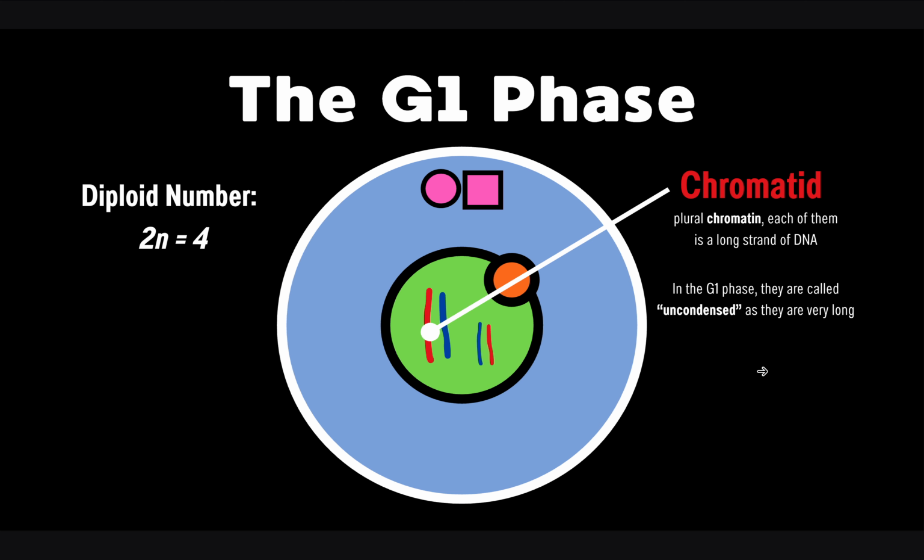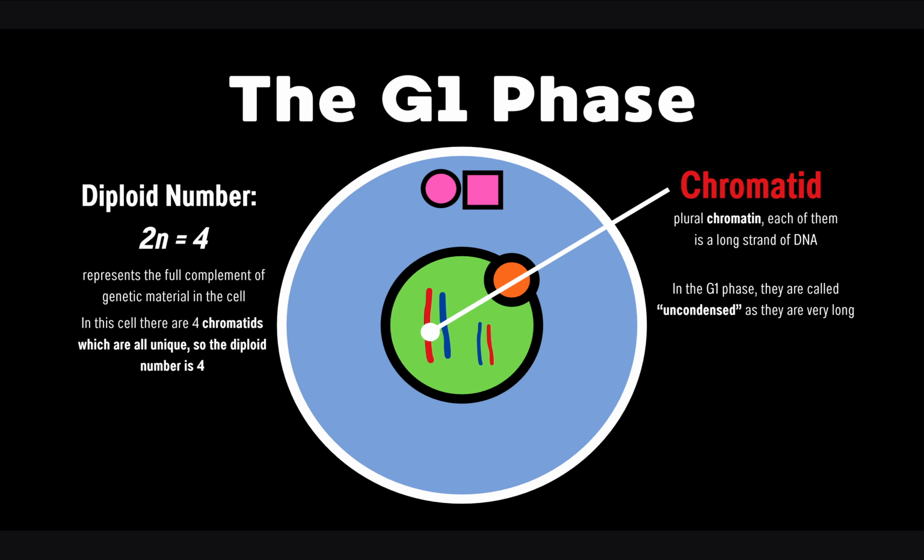And now we're going to look at something called the diploid number. The diploid number basically tells us the full complement of genetic material in the cell. And what that means is basically the amount of unique chromatids in the cell. So there are 4 chromatids which are all unique: red big, red small, blue big, blue small.